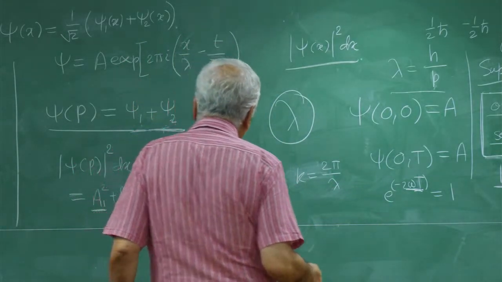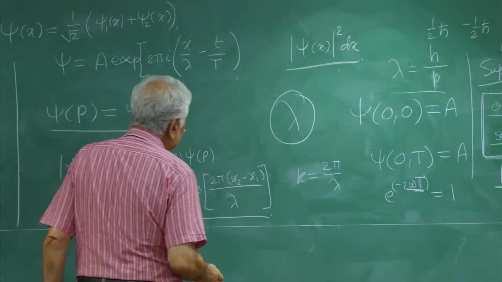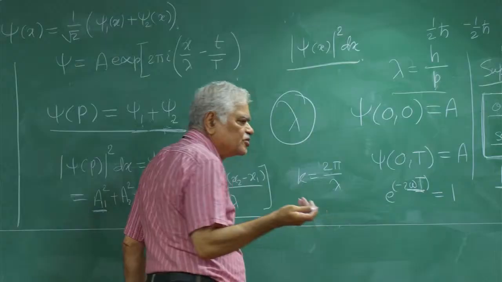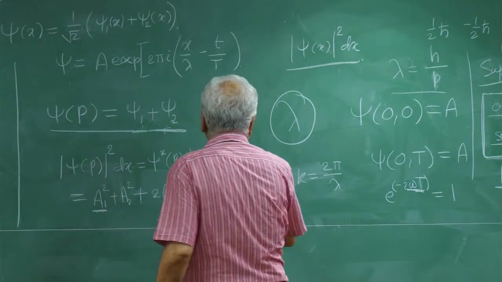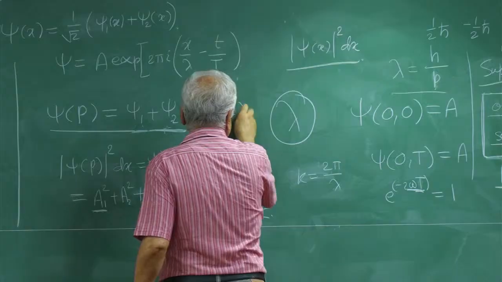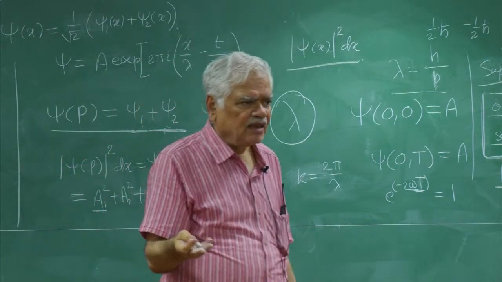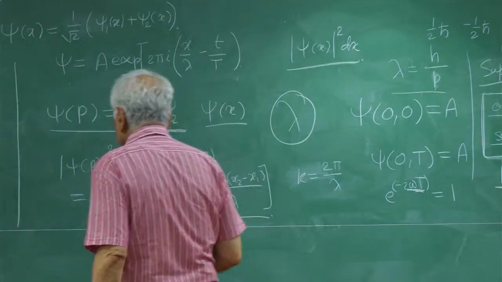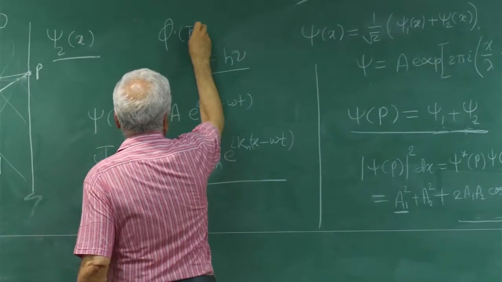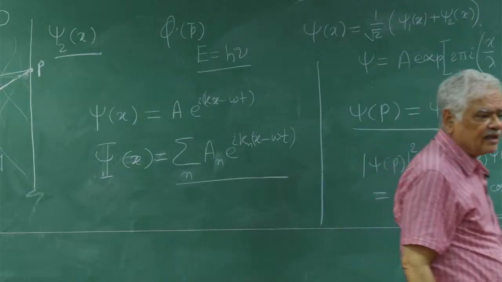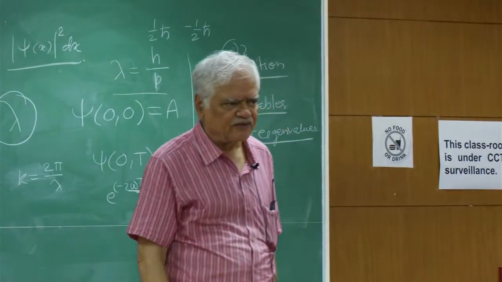This particular situation gives me a freedom. What freedom do I get? What is so sacred about position? Psi of x is one way of expressing the state of the system. But I could express it equivalently by saying phi of p. Anjali has already told you that these are Fourier transforms.